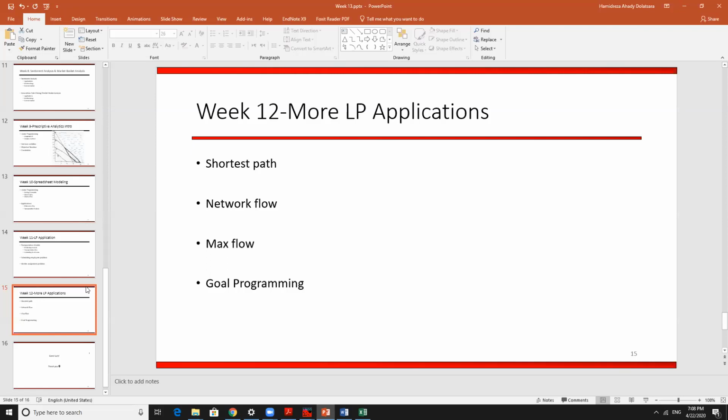You need to know how to translate actual problems into equations. And this week, we just looked over Lingo and how to use Lingo for linear programming.